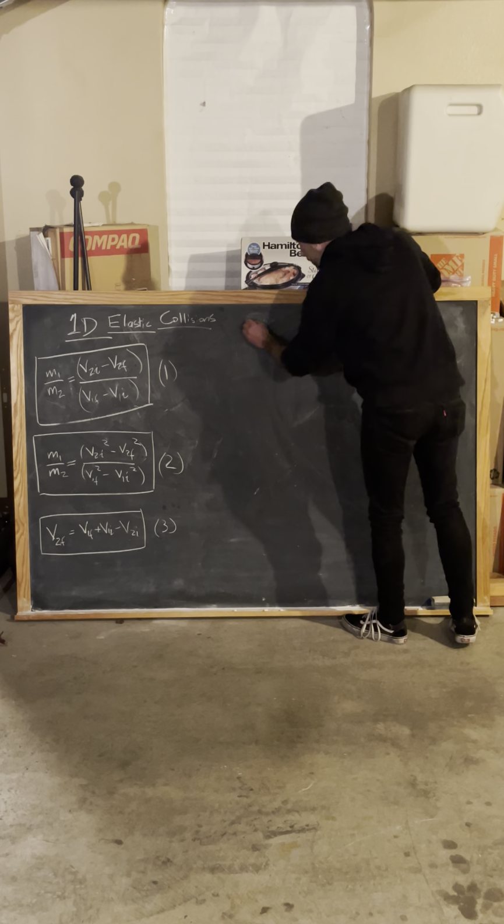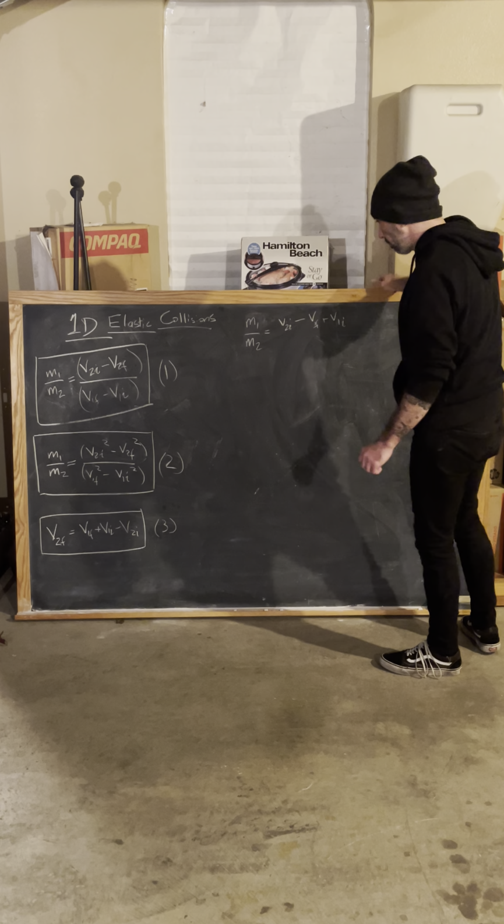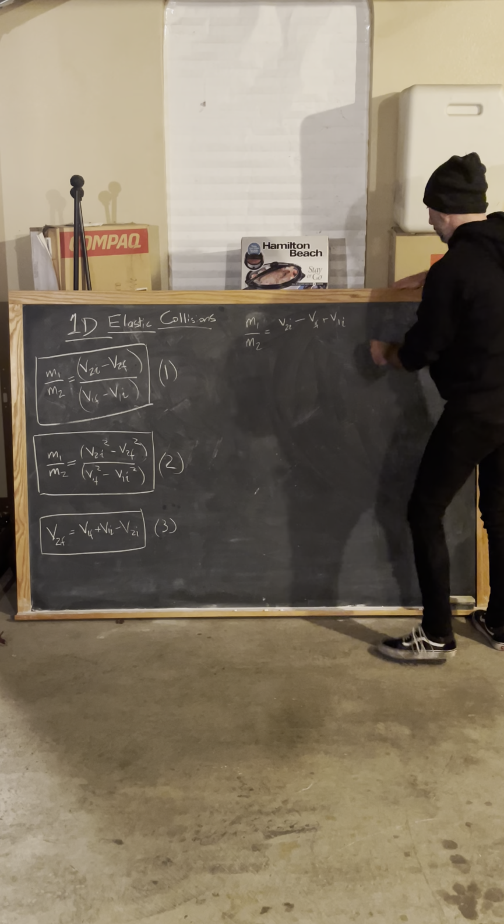So let's do that. m1 over m2 is equal to v2I minus v2f. v2f is v1f plus v1I minus v2I.